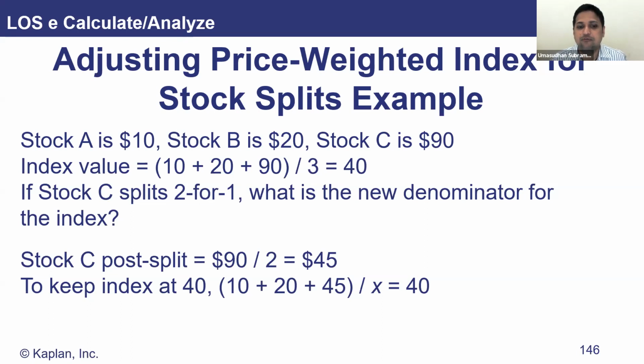Can you tell me what would be the revised price for stock C? It is 45. Okay, now 10 plus 20 plus 45 divided by 3. What will that give you? Can you do that maths for me? If you take 10 plus 20 plus 45, 75 divided by 3, how much is that giving you?